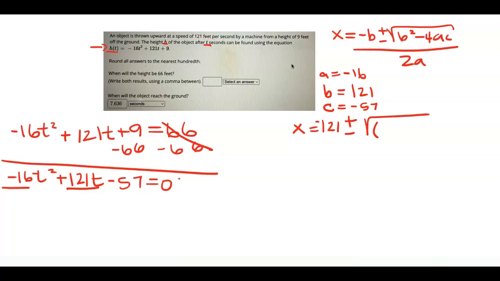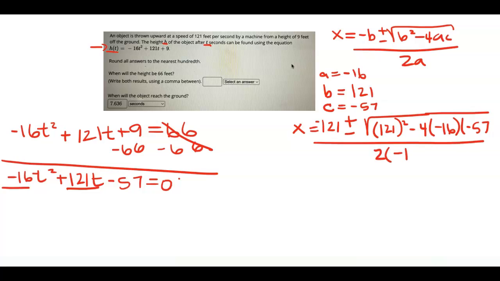So negative 121, because it's negative b, plus or minus the square root of 121 squared minus 4 times a, which is negative 16, times c, which is negative 57, all over 2a, which is 2 times negative 16. So early in the morning when I'm making this, I can see I already made a mistake. And so this is a good lesson to you too.